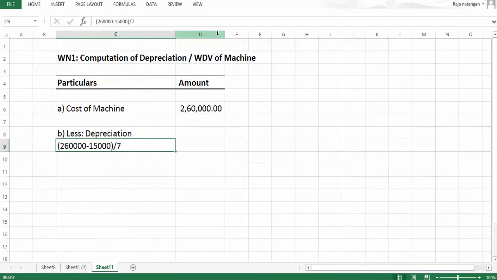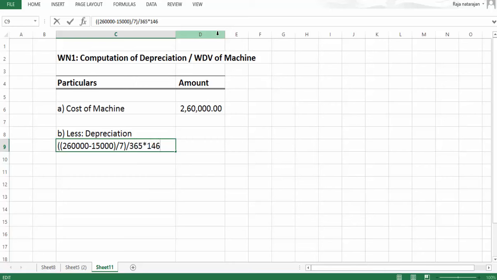So this figure is per annum. We have to find out the depreciation for that many days. So we can say this is fully for 365 days, so here I'll introduce a bracket. Then what is for those 146 days?